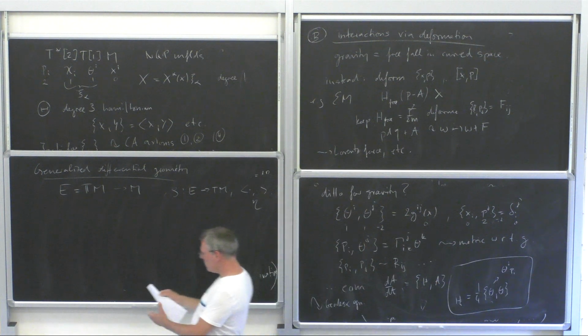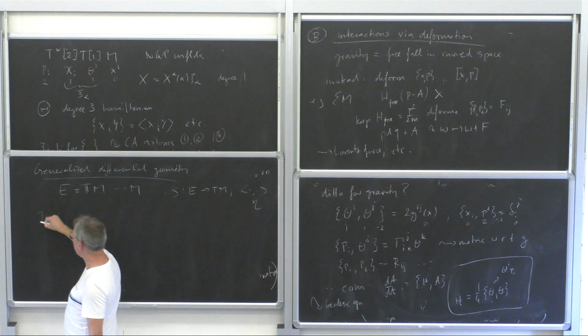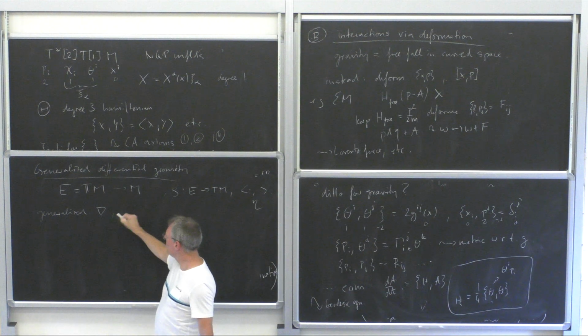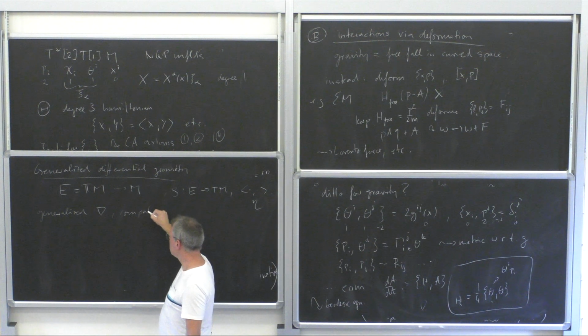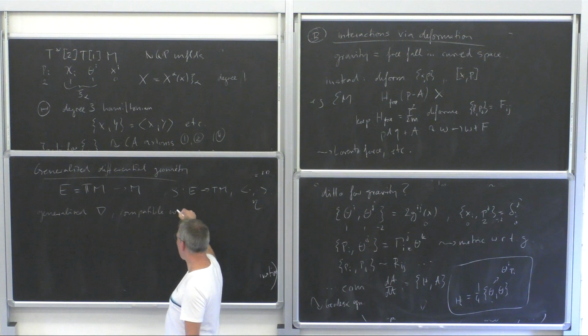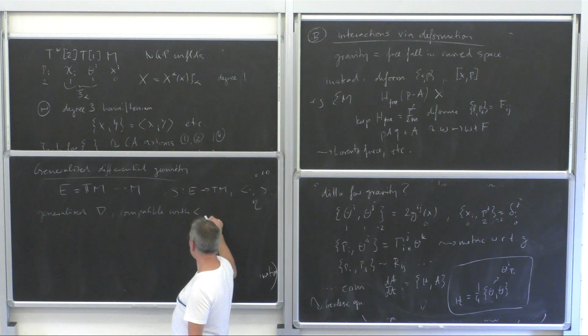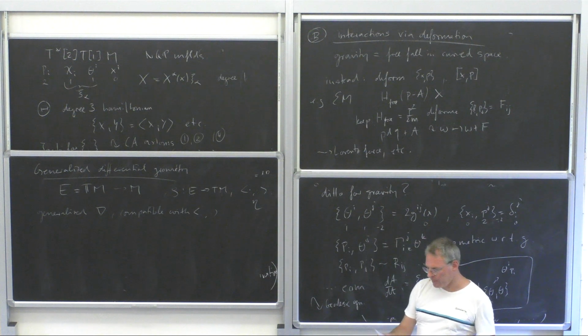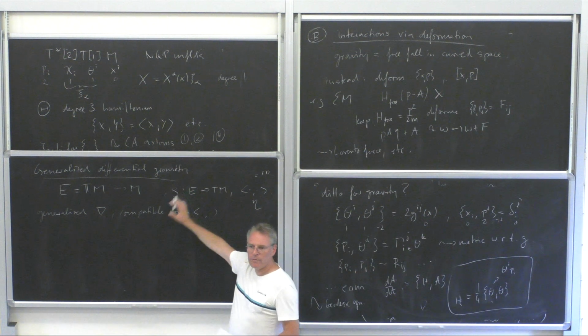We want connections, which I already introduced, some generalized connections, which are compatible with the pairing and satisfy the axioms that I've already written down. So let's see what we can get with that.